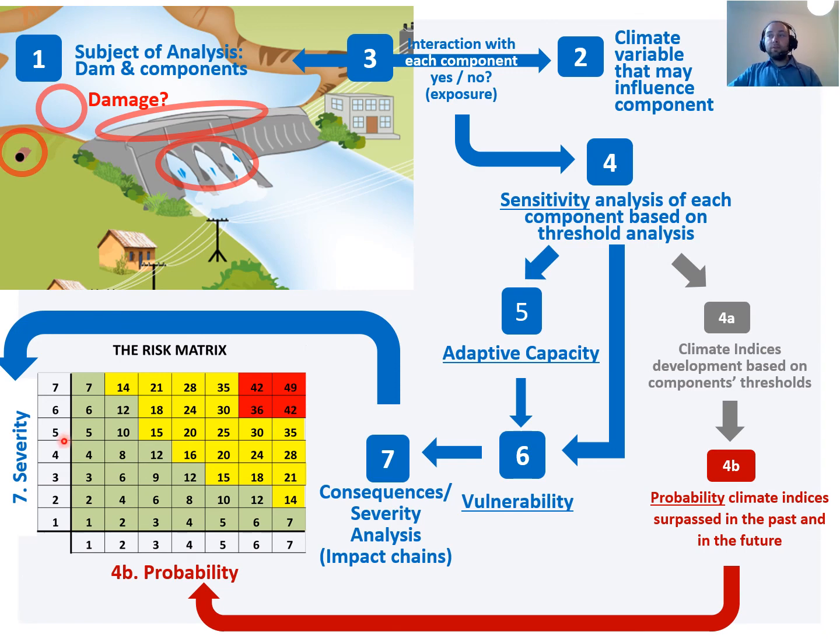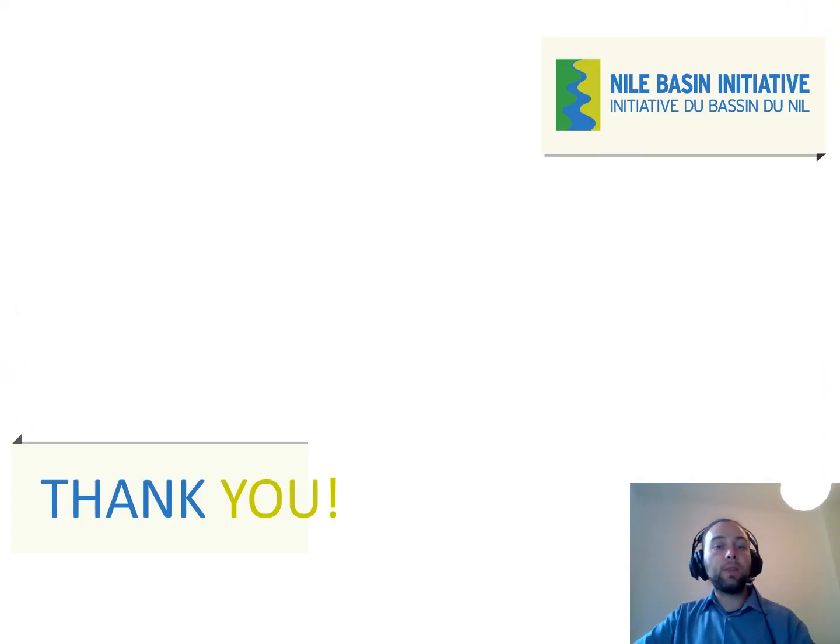When we assess from step 4b the probability or likelihood for an event to happen, it is, let's say, quite high, let's say 6, and we had a calculated severity of 5, we cross both again, we come to 30, and 30 is a medium risk, which we need, of course, to address. That was a very quick exercise trying to show you how such a risk assessment can work.